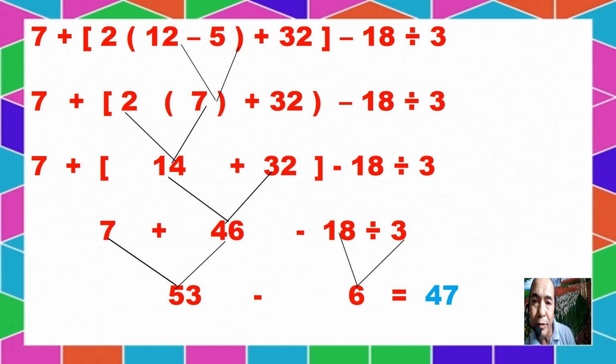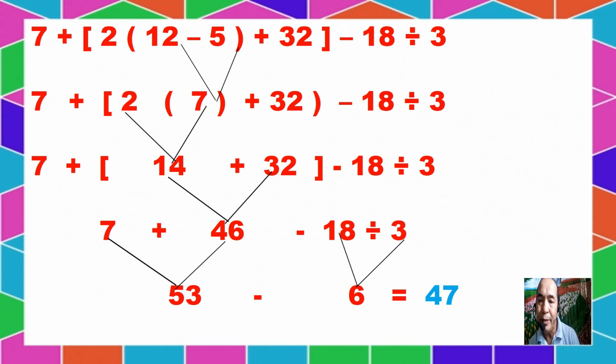So, which operation shall we do first? We will first apply rule number 3, which is multiplication and division. Since there is no multiplication, we will perform division first before addition. So, 18 divided by 3 will give us 6.